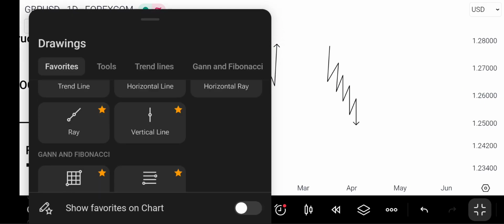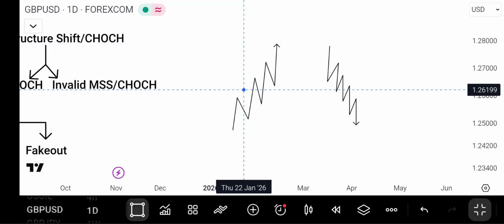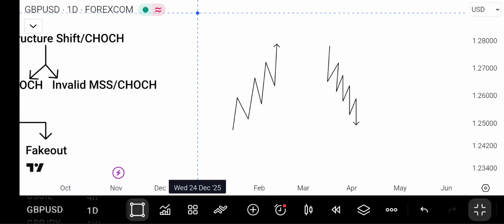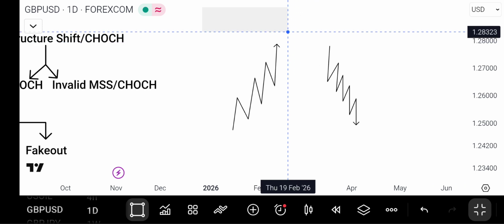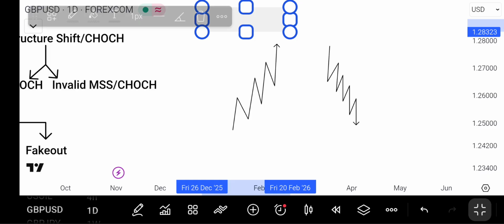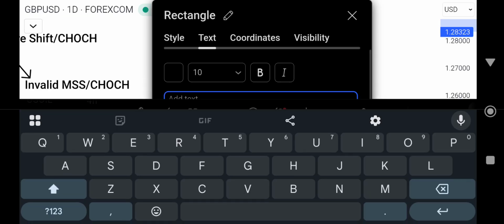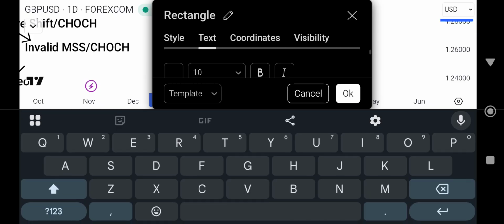Example, this is a daily, weekly, monthly, or 4 hour order block.